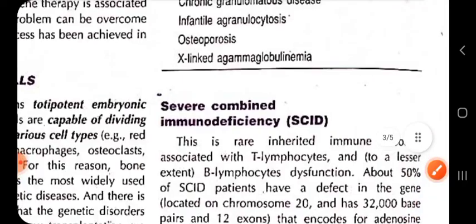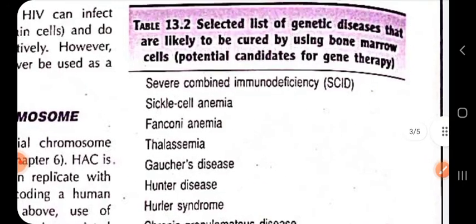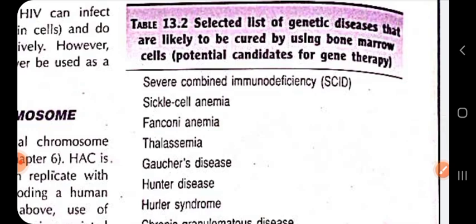Let us see that in the table. Yes, this is the table. A selected list of genetic diseases that are likely to be cured using bone marrow cells.